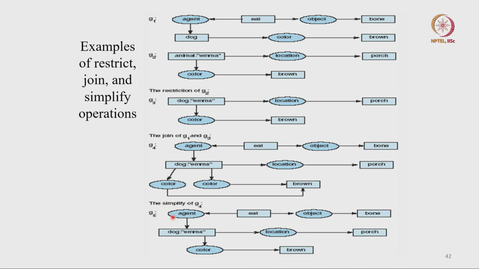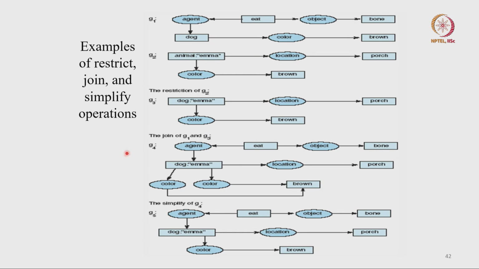So, how do you simplify it? You can just put color brown, location porch, agent, eat, object bone. So, wherever there are unnecessarily the same things being repeated again and again, you can remove those and you can simplify this.